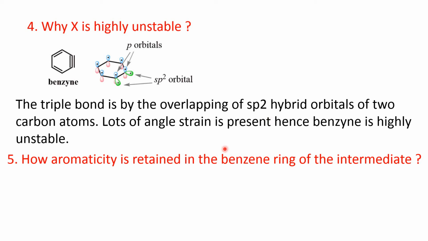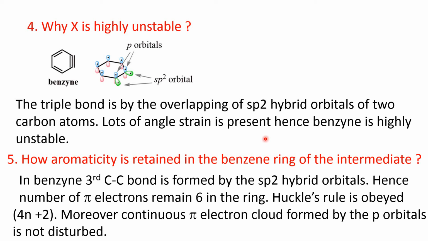Now fifth question. How is aromaticity retained in the benzene ring of the intermediate? Here, see, in this benzyne, all this continuous pi electron cloud is not disturbed, because these p orbitals are already filled with one electron. They overlap sidewise and form the continuous pi electron cloud.